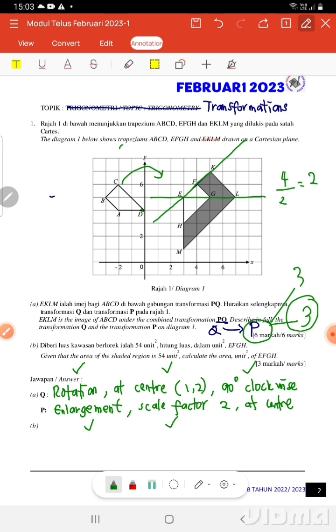You already see the intersection there, right? Let's make another one. H will become M. So this is another line, and you can see the intersection here. So the intersection is the center. So your center here is 3, 5. So here another 1 mark. So you already got 6 marks.